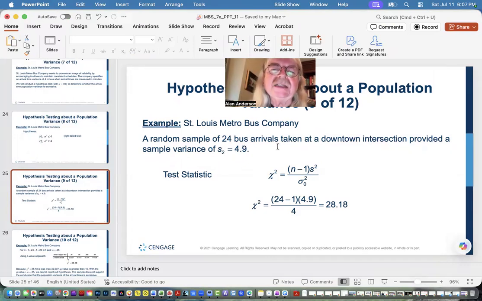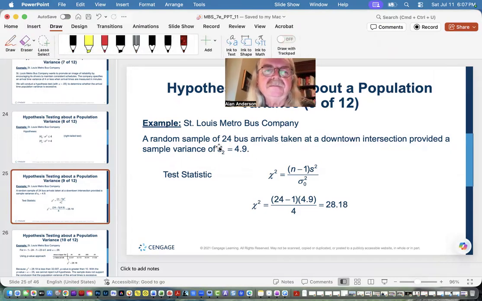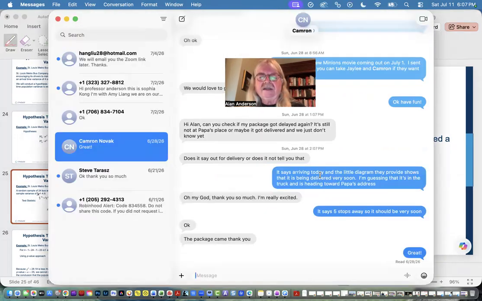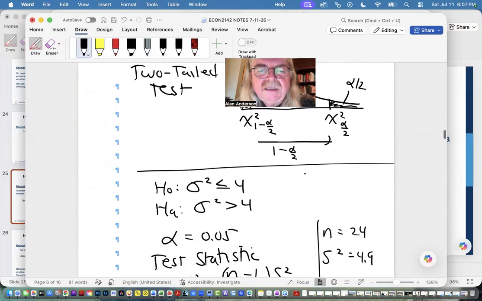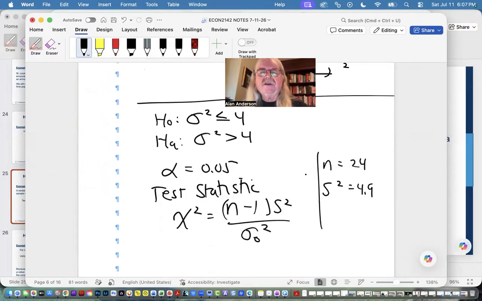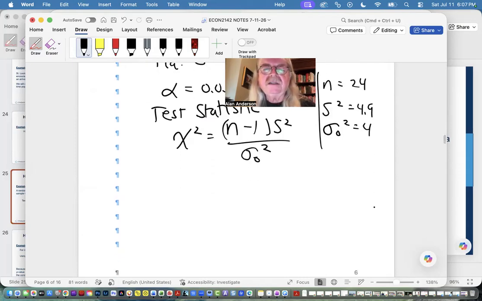I have a feeling that what they meant was this. Yeah, you can see because they put it here. All right, great. What else do we need? Well, we know the hypothesized value of the variance is 4. All right, so let's plug in these numbers.